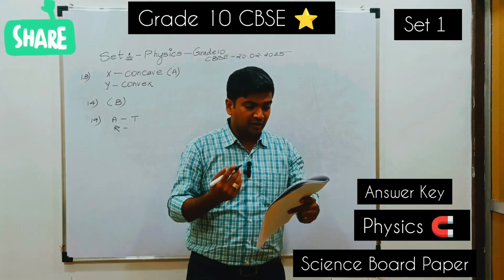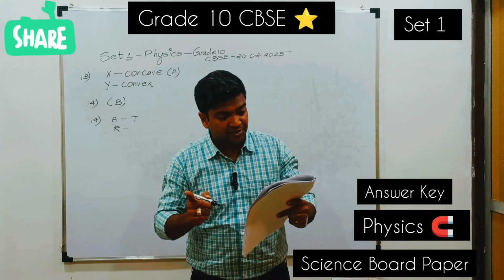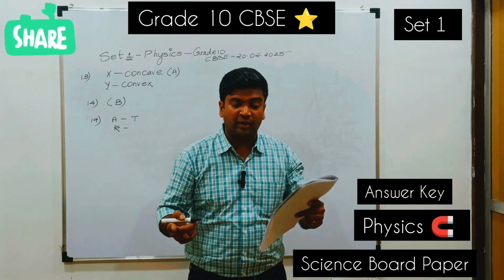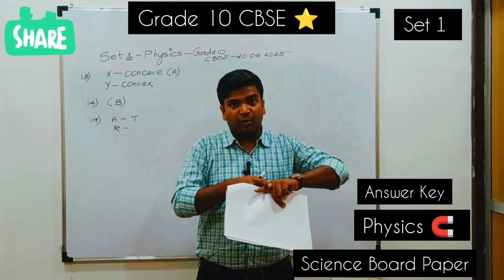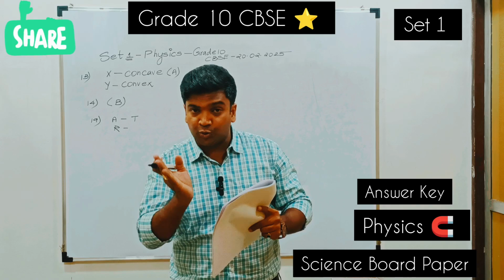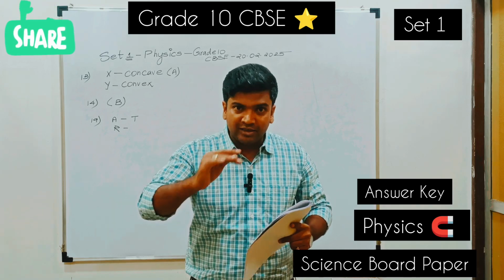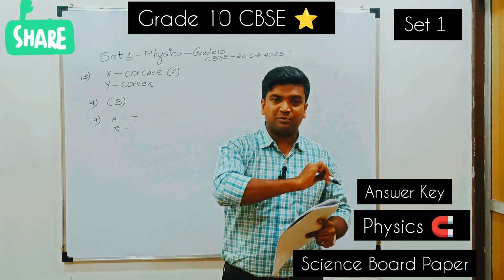Let us learn about the reason. The compass needle cannot point towards two directions at the point of intersection of two magnetic field lines. Yes, of course. If there is an intersection point, it is the intersection of two lines. So how is it possible for a compass to show two different directions at one point? The reason is a perfect explanation of the assertion.